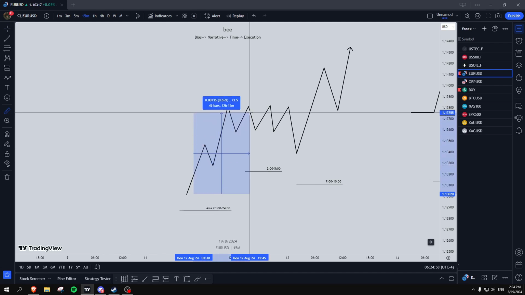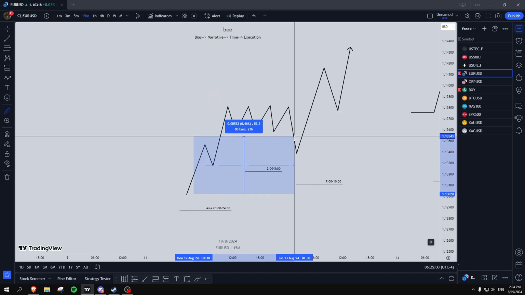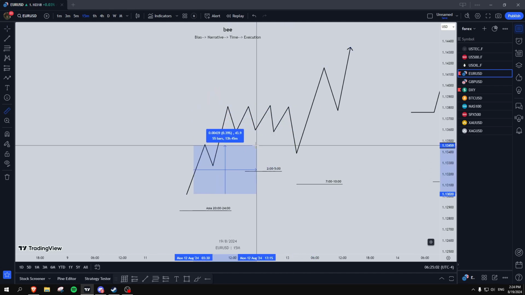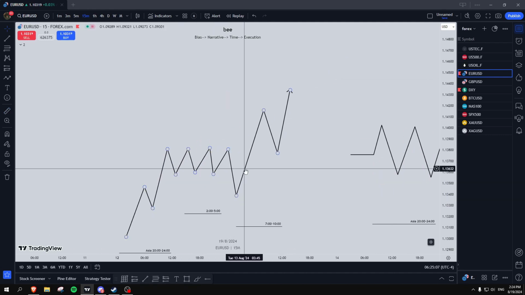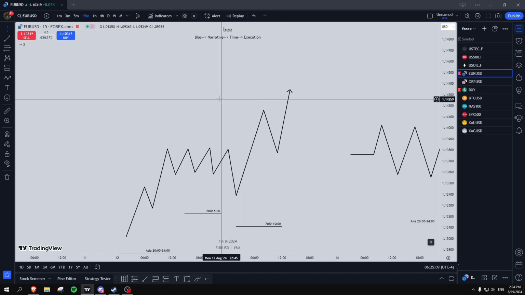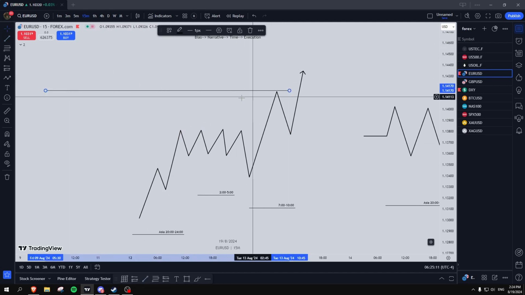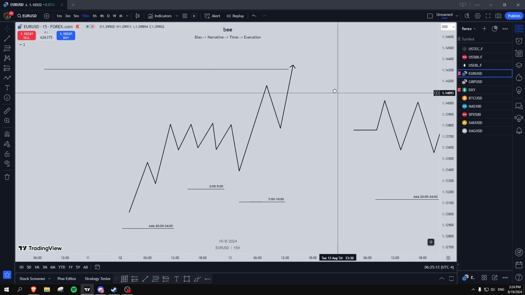So as you can see, Asia expands, London accumulates, New York session manipulates the London lows, goes into the discount of the Asian range, and continues to its targeted price point.